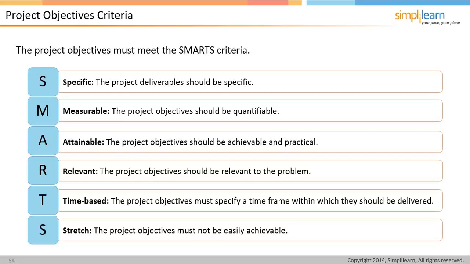Relevant: project objectives should be relevant to the problem. Time-based: the project objectives must specify the time frame in which they should be delivered. Asking for an open-ended period of time to work on something probably isn't going to get you too far. You need to be able to say, I think we can get this done within this time frame. And maybe it's so important that it's all hands on deck.